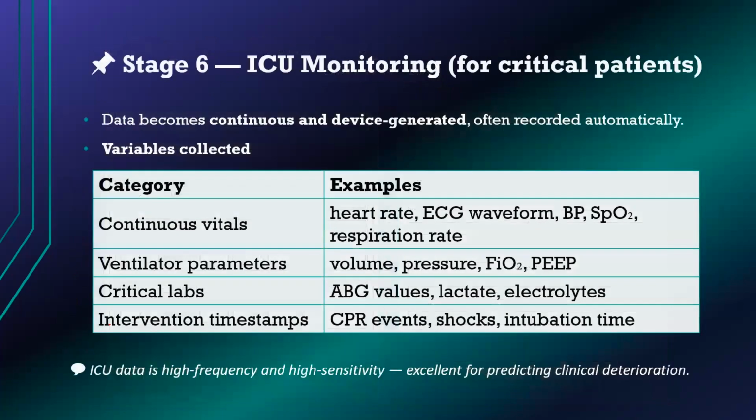Furthermore, at stage 6, in case some critical unit patients are available, if they are going through ICU monitoring, there are also several categories of variables we get, like continuous vitals monitored with heart rate, ECG waveforms, or respiratory rate, etc. Then ventilator parameters are also there. Critical lab tests that go on side by side are also reported, and intervention timestamps you will also find from the sensitive data that we have within the ICU environment.